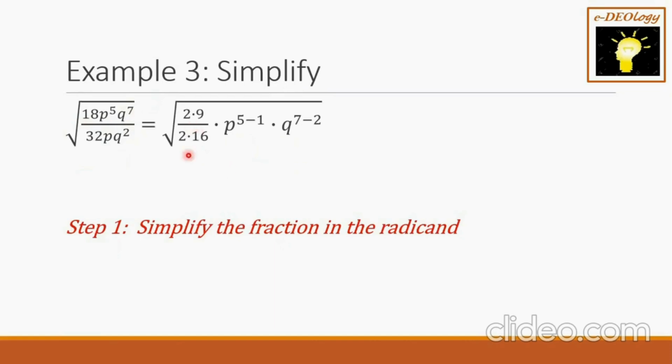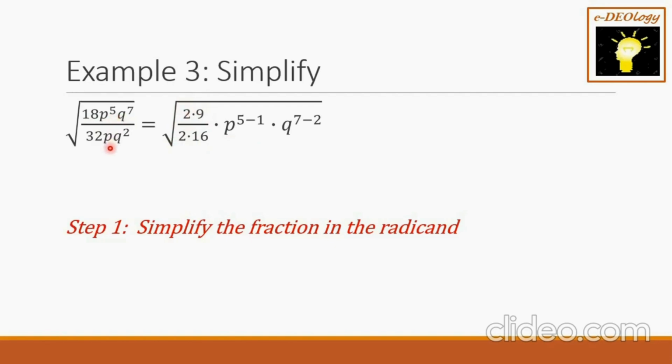So for the numbers, we're going to reduce to lowest terms. So the 18 is now factored out into 2 times 9. The 32 is factored out into 2 times 16. As we can see, the factor 2 is common. Later on, we can cancel that. For the p, there is an exponent of 5 in the numerator.